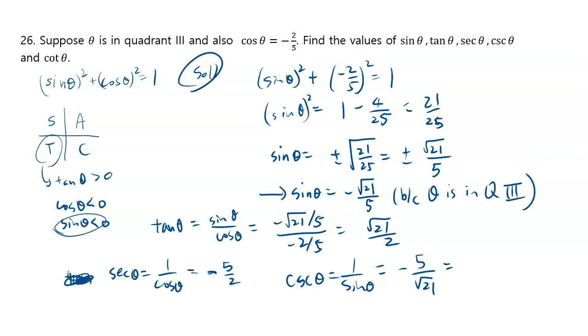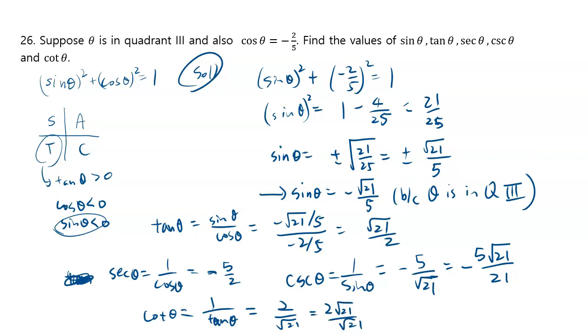But you should rationalize the denominator, and you get negative 5 square root of 21 over 21. And then finally, cotangent is 1 over tangent. So you take the reciprocal of this, which is 2 over square root of 21, multiplied by square root of 21 top and bottom. So that's what you get.